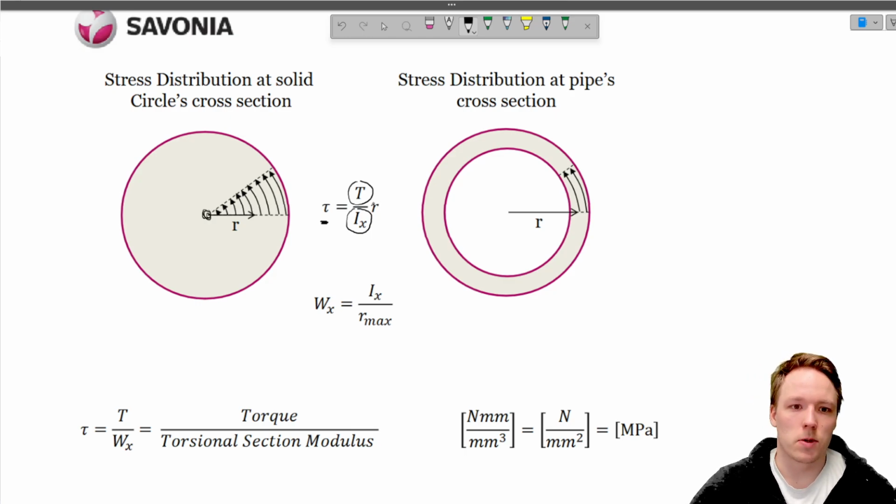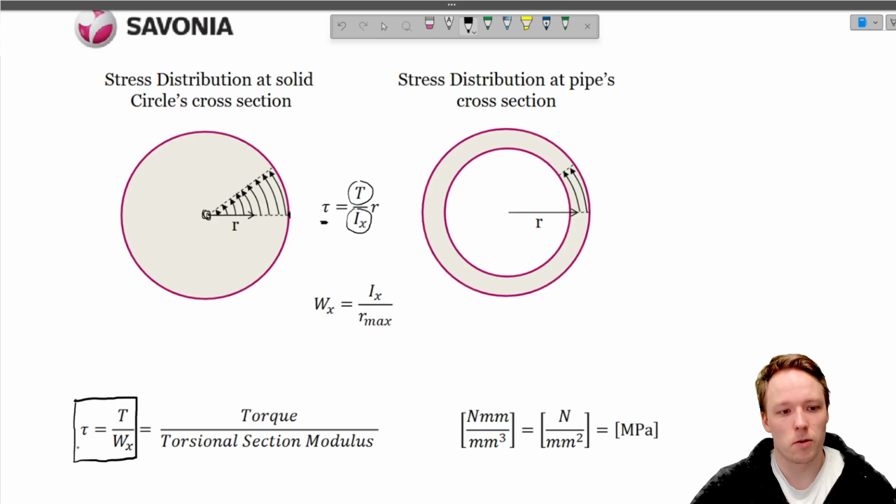In most cases we are interested in the maximum value of the shear stress, which is always at the outermost surface of the material, so instead we can use this equation, which always gives us the shear stress at the outermost surface.